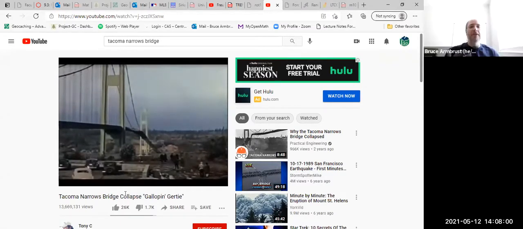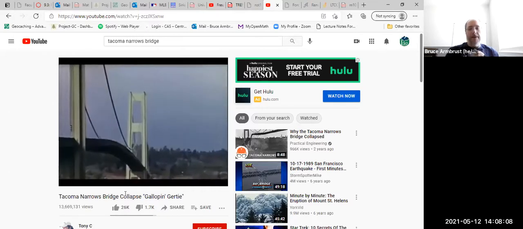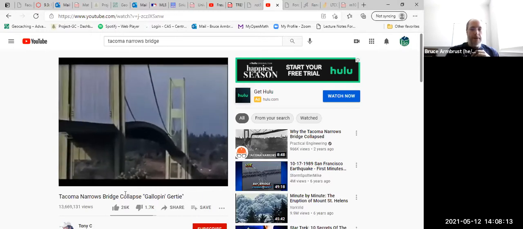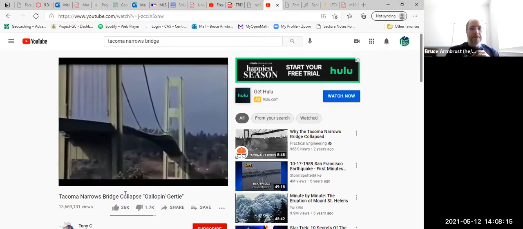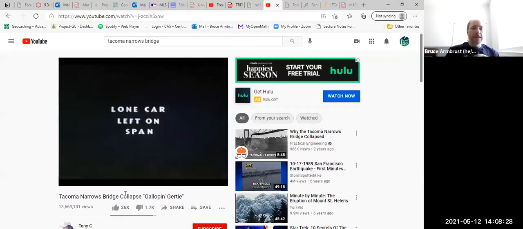But anyway, this is a bridge that was, and the keyword is was, in Washington State, just outside of the city of Tacoma, and it goes over a body of water called the Tacoma Narrows. You'll notice that it's just oscillating back and forth here. This is harmonic motion, right? It's the same thing we were talking about. But what's kind of crazy about this one is that it starts building.